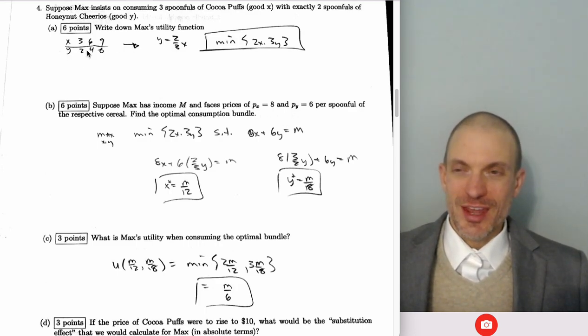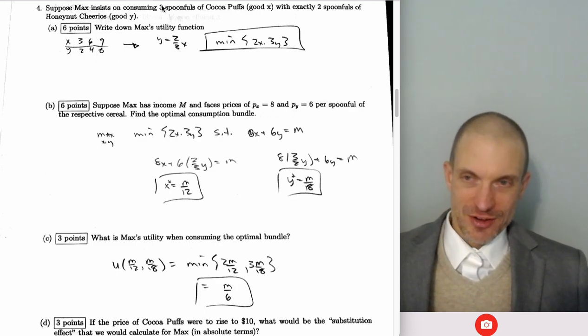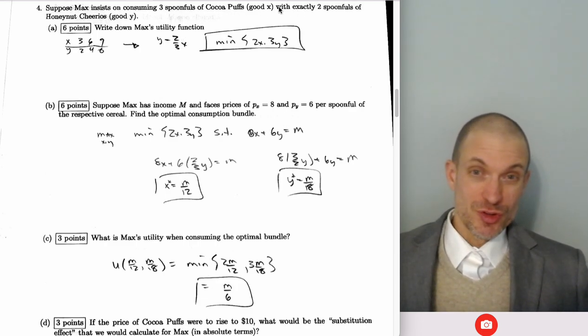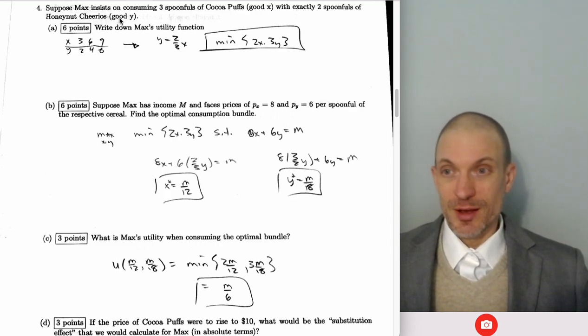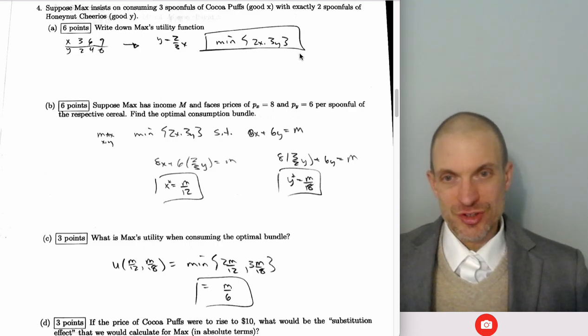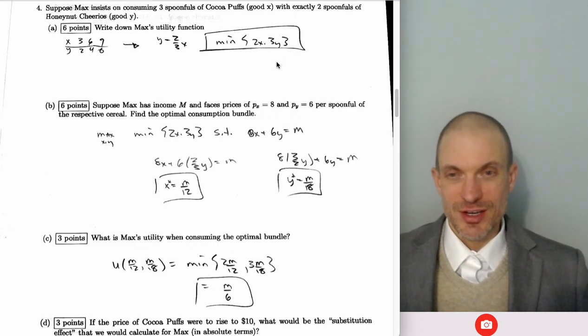So then just looking at my list, or actually just inferring from what I've got right here, I can tell the relationship between good Y and good X is Y is going to be 2/3 times the amount of good X. Remember, if we have perfect complements preferences, which we know we have here because we're using exactly 2 spoonfuls of one good with the other, if you had the perfect complements utility function, you could replace the comma with an equal sign, solve for Y, and that'll be the ray through the origin that connects all the corners of the indifference curve.